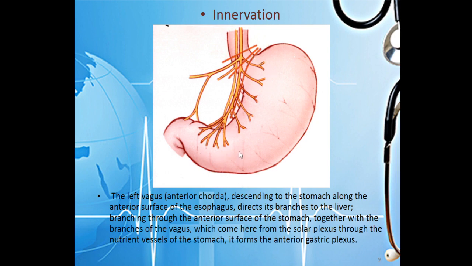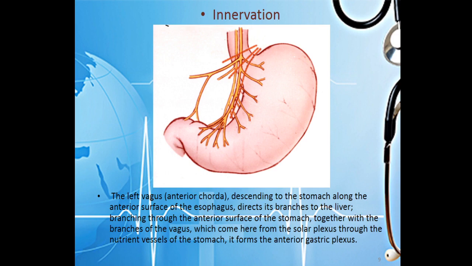The vagus innervates the stomach. It's a trophic nerve. During stimulation of the vagus, we can see hypersecretion of the stomach, with hydrochloric acid and pepsin, and it contracts the muscles of the fundus and body, and it opens the pylorus during stimulation.